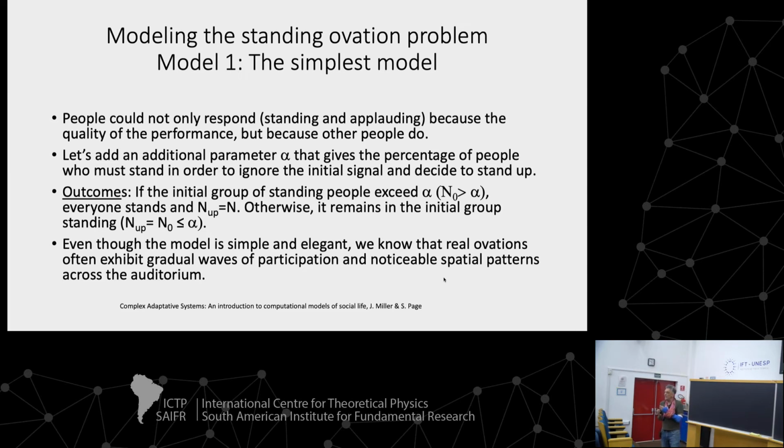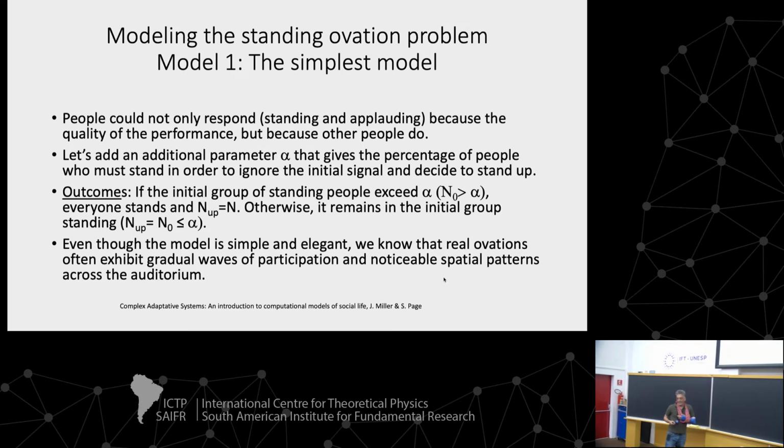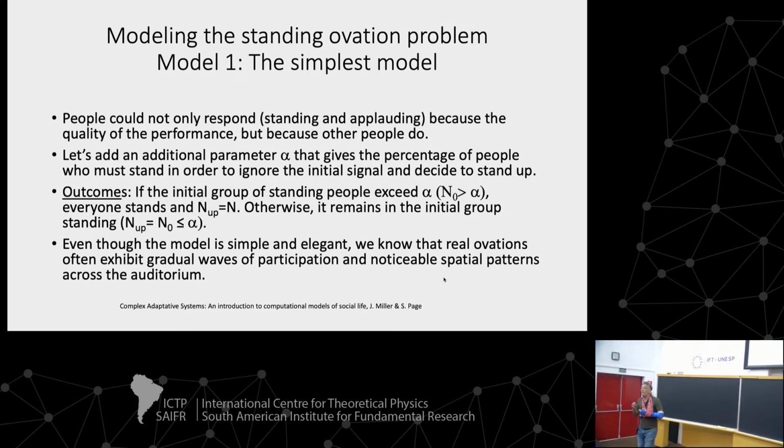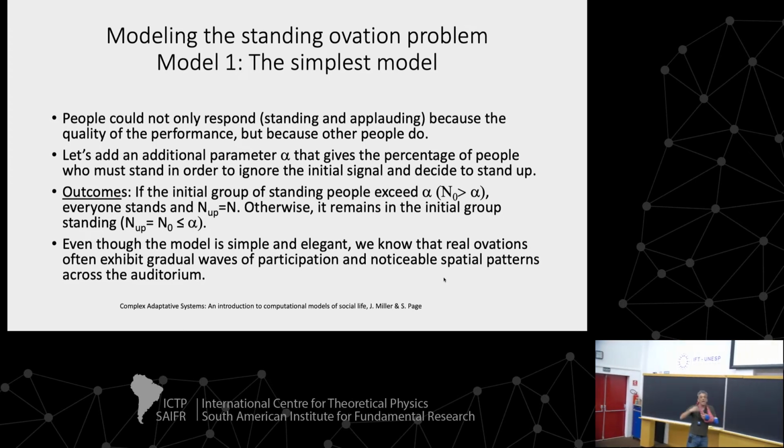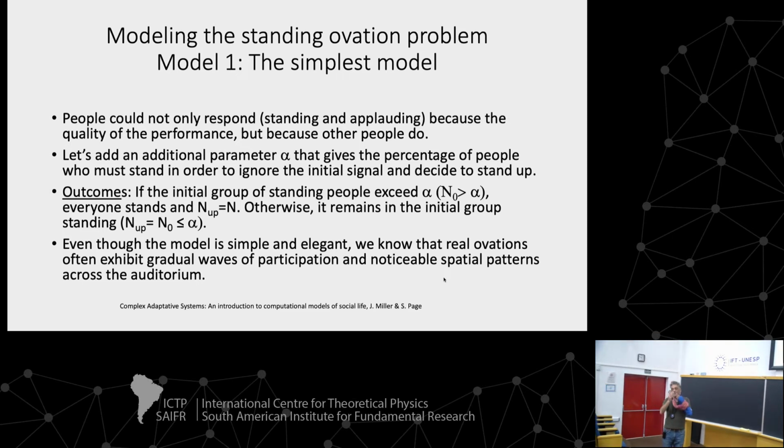This is a very, very simple model, and we are missing a fundamental ingredient, that is interaction. Because if all people just behave according to the signal they receive, the whole problem can be reduced to the problem of one person.